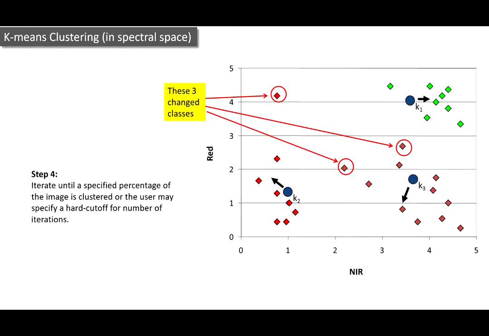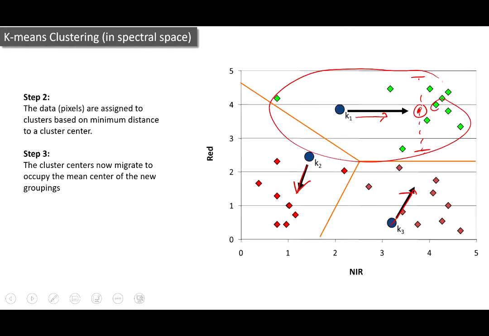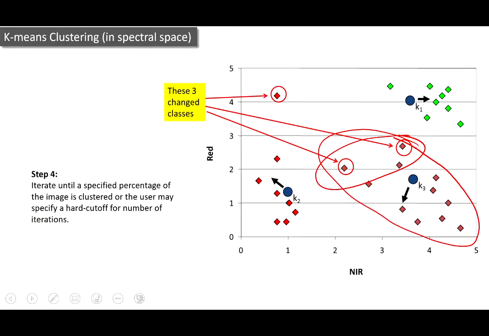These are all the ones that now get reassigned because they're now closer to different cluster centers. Particularly these ones seem to make sense; they would fit into this broader cluster, whereas previously this one was over here and this one was up here, which doesn't seem quite as intuitive. So this iterative process puts pixels in probably more intuitive clusters.